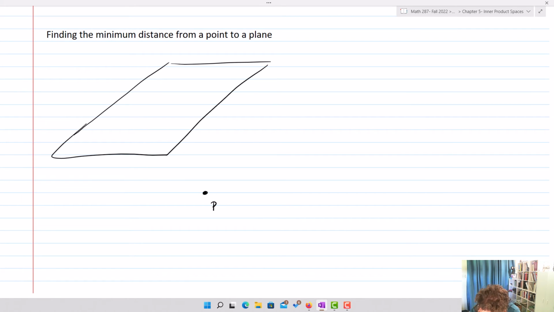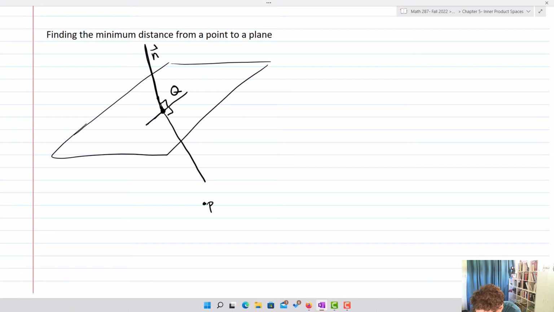What I do know is that inside the equation for the plane, I'm going to have this vector. It's our normal vector, and the normal vector is perpendicular to the plane. So this is n, my normal vector, and I can imagine n coming out of here too. I've got P here, and let's say this is Q right here.